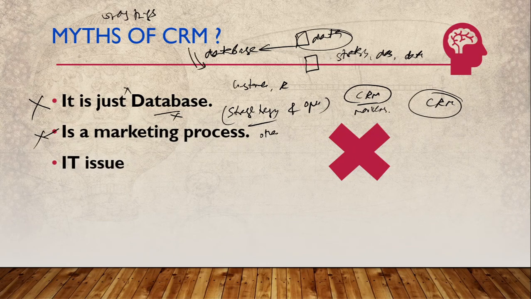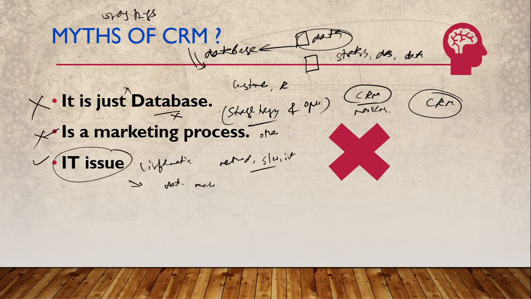Next, as we have said, it is information technology where it uses methodologies, software, and internet capabilities. So we may think that it is just an IT issue. No, IT is all about the data and the machine things. But if you see, customers are human, and understanding human behavior is different from an IT issue. So saying that CRM is an IT issue is also wrong.